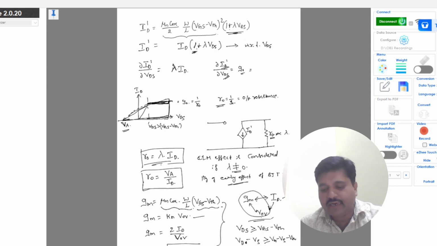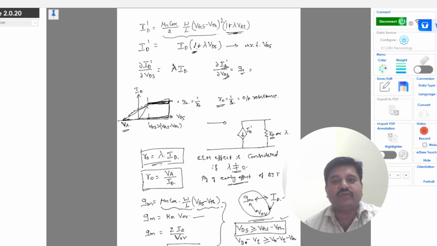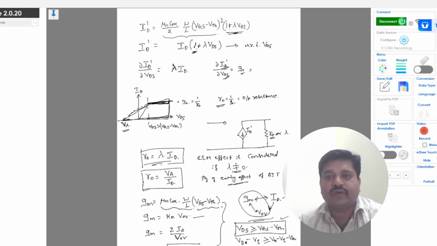By determining the terminal voltages, we check whether this condition is satisfied. If it is satisfied, then the MOSFET is operating in the saturation region. If VDS is less than VGS minus VTH, then the transistor is operating in the linear region. So this is how we do the DC analysis for the MOSFET device.